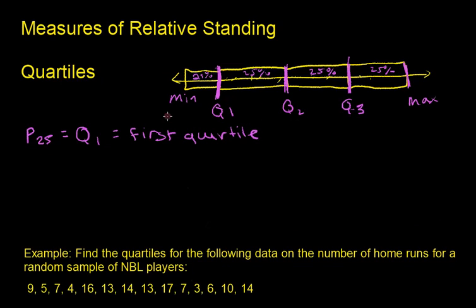Then we have the second quartile, and that's 25 plus another 25. So 50% of the data is less than whatever the second quartile mark is.